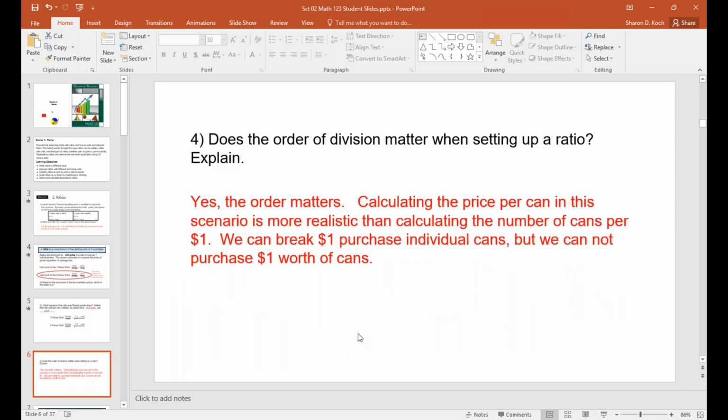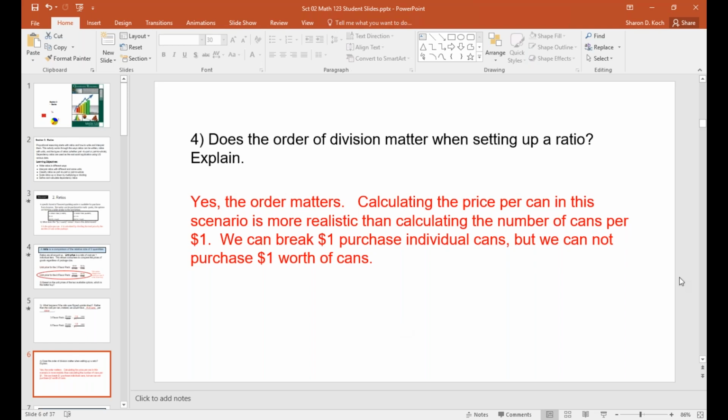Does the order of division matter when setting up a ratio? It sure does. And what's really nice about a ratio is that when you're reading something or trying to reason through something, it will give you the order in which to look at it. So when it says here, calculating the price per can, since price is listed first, that's going to be in the numerator.